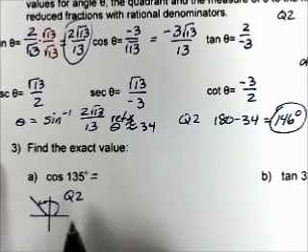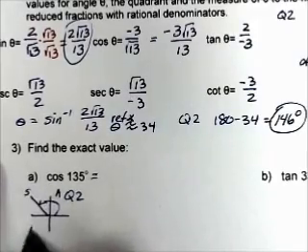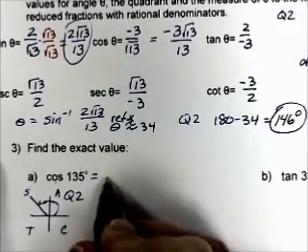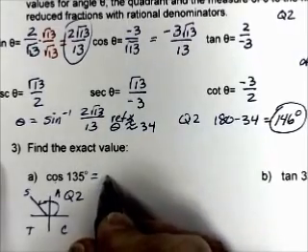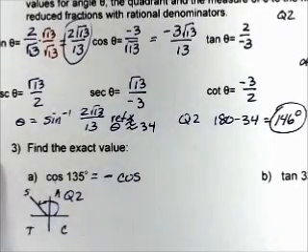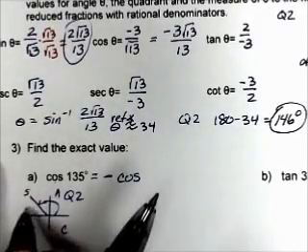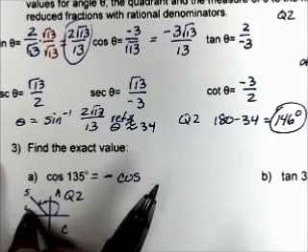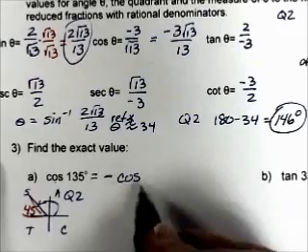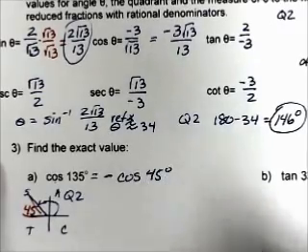And in quadrant 2, using All Students Take Chemistry, is cosine positive or negative? Well, it's negative. So cosine of 135 is going to equal negative cosine of the reference angle. 180 minus 135 is 45, so our reference angle is 45 degrees. So negative cosine 45 degrees.